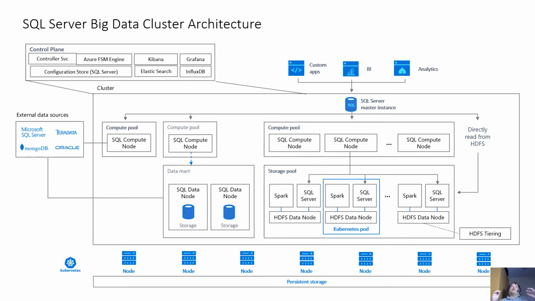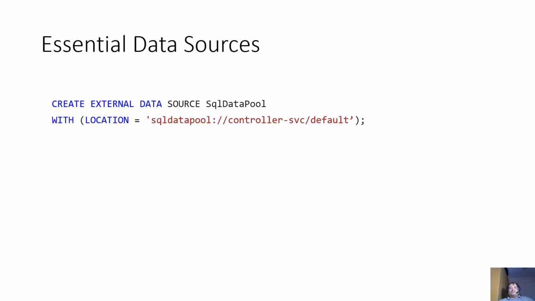We create aggregations, we create specific views of the data and include these views inside our data pool, which will become our data mart. Then we have another essential data source, which is a data source for our data pool, a SQL data pool data source, using the protocol SQL data pool, pointed to controller SVC.